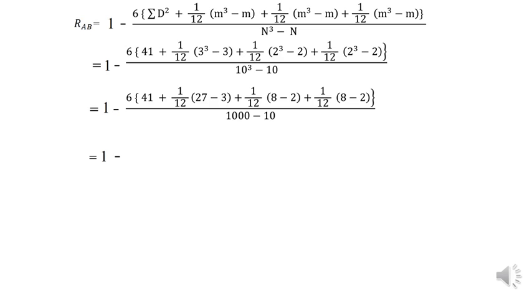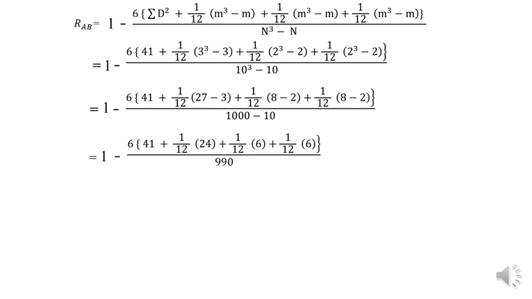Okay. Next, simplify. So you will get like this. Then simplifying this one also, you will get 6 into 41 plus 2 plus 0.5 plus 0.5 divided by 990.